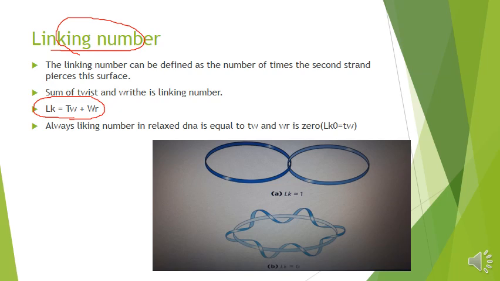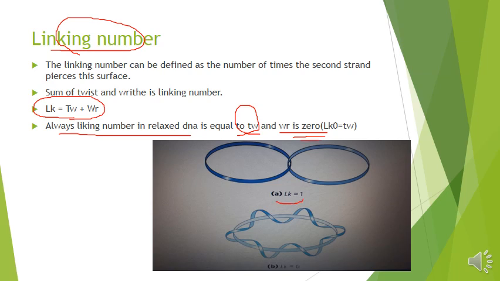And always remember that the linking number in relaxed DNA is completely equal to the twist number. It means that the writhe number is 0, because in relaxed DNA, the DNA is not supercoiled. It is in its most stable state without any bending or supercoiling. That is why the writhe number is 0.